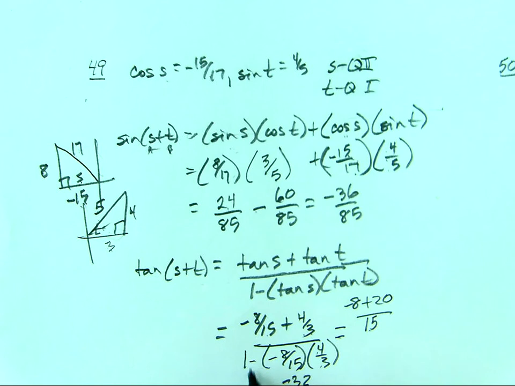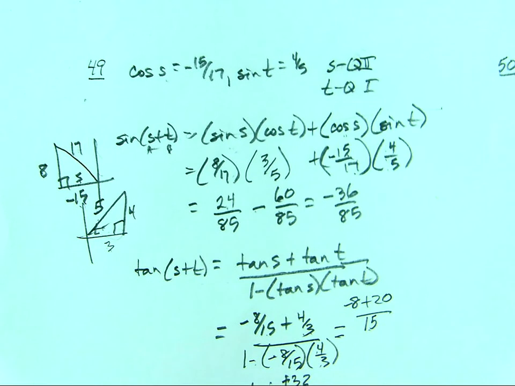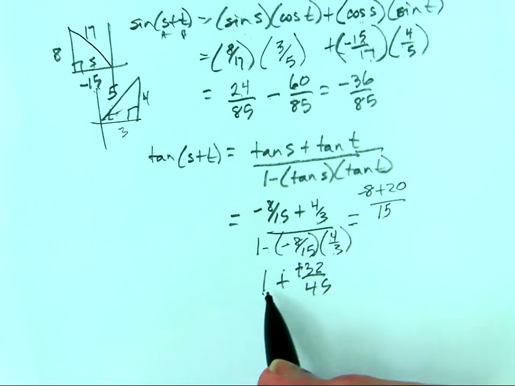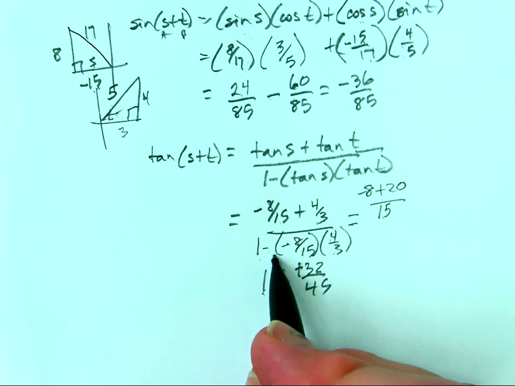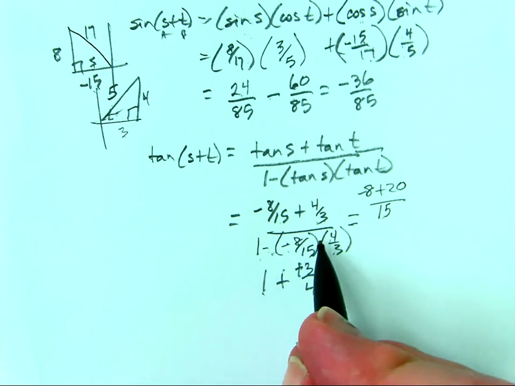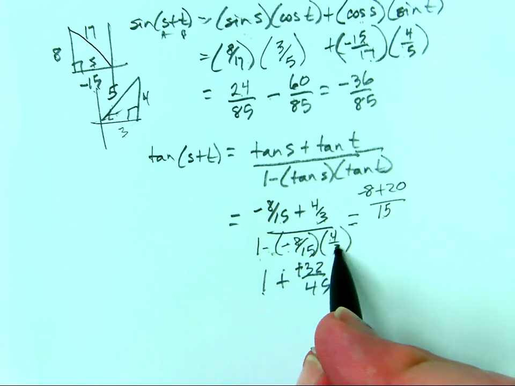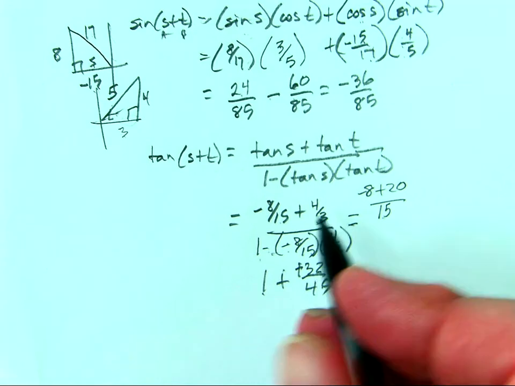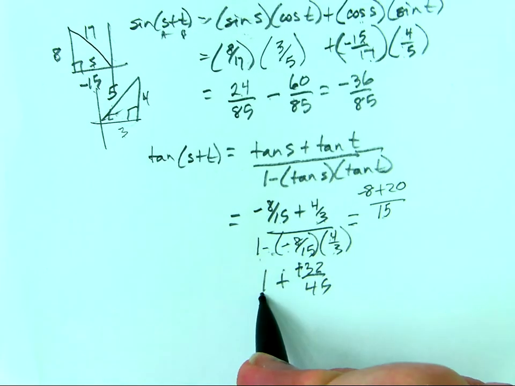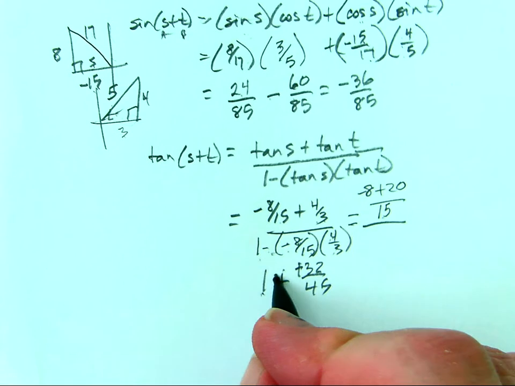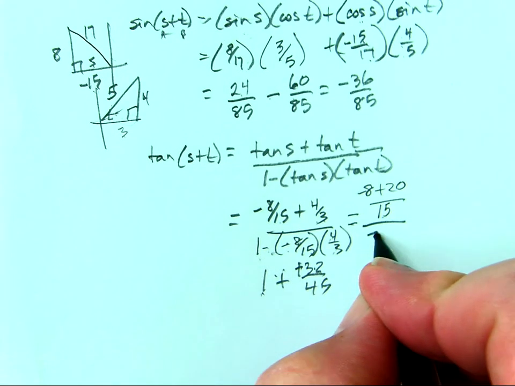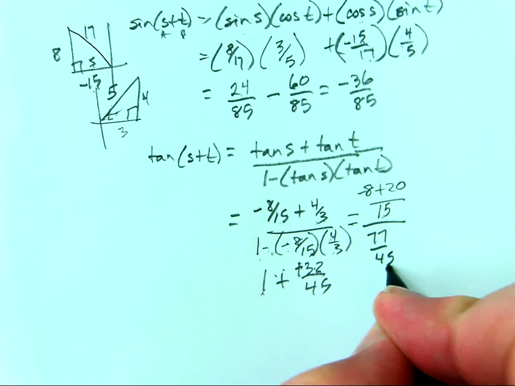So now we have 1 minus a minus, so it'll be 1 plus that. So that was 1, and then this is going to be plus, and then here when you multiply 8 times 4 is 32, 15 times 3 is 45. Now when you add, you can think of that as 45/45. So 45 plus 32, that's 77/45.